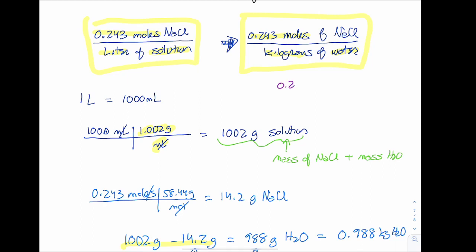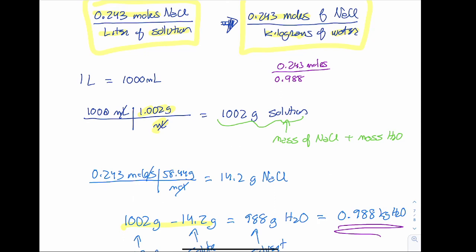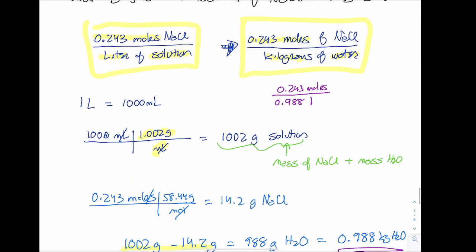So I have 0.243 moles of sodium chloride. I'm going to divide that by 0.988, right? That's the number we just got down here, kilograms of water. And when I do that, I got 0.246 molal, right?